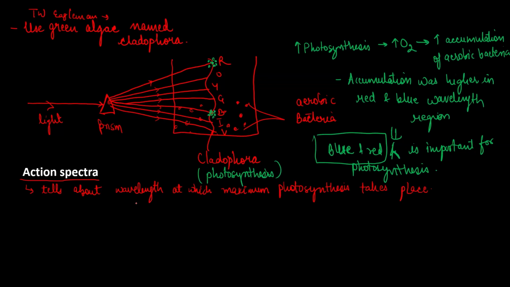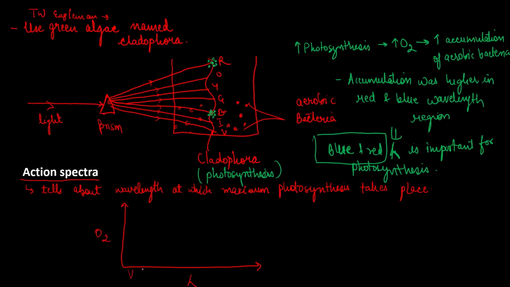Basically, the wavelength at which maximum photosynthesis happens is the wavelength at which maximum oxygen production takes place through photosynthesis, right? So here we draw this spectrum between two axes. One axis is oxygen concentration and the second axis is wavelength. This wavelength will be from violet to red.